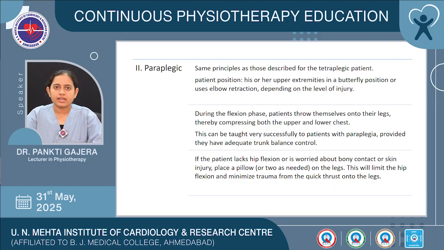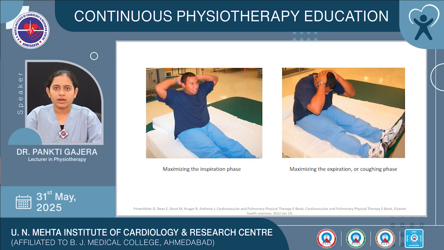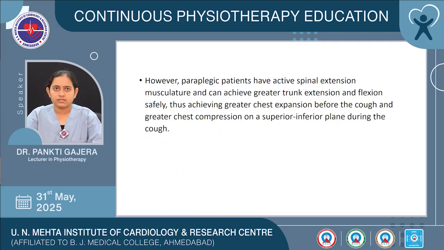This will limit the hip flexion and minimize trauma from quick thrust onto the legs. So, in the first picture, this is the extension phase, maximizing inspiration, and while flexing forward, maximizing expiration, that is the coughing phase.